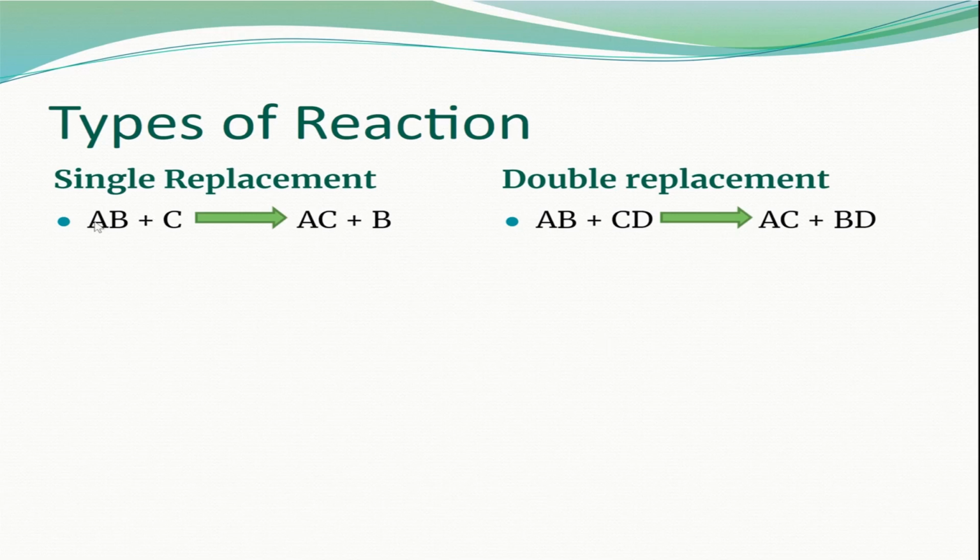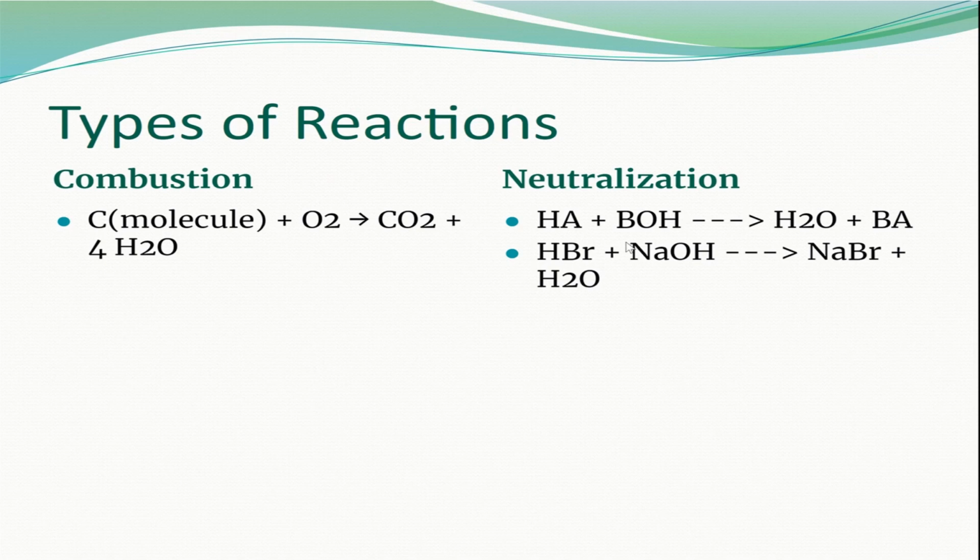We have single replacement, where we're trading out one part of a molecule, or double replacement, where the molecules are switching partners. We have combustion. Combustion is taking a carbon-based molecule, combining it with oxygen, and you release CO2 and H2O.